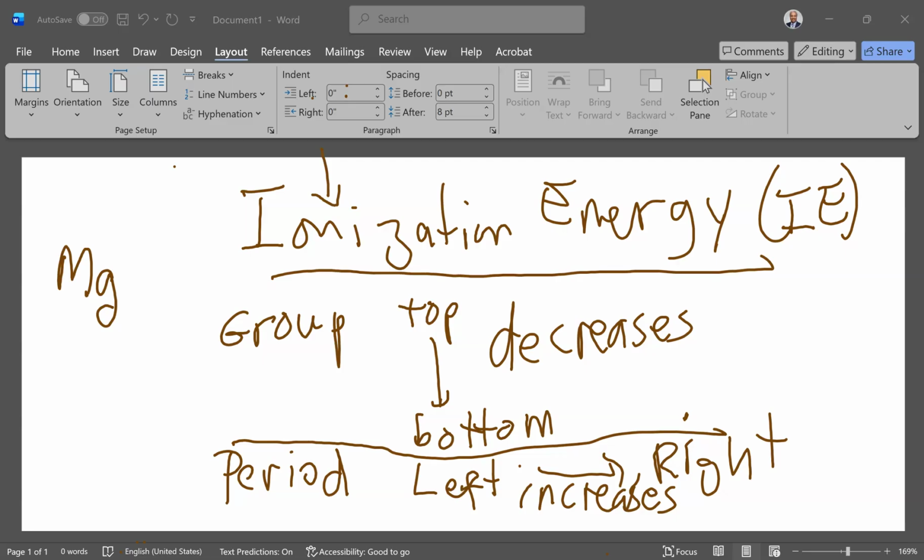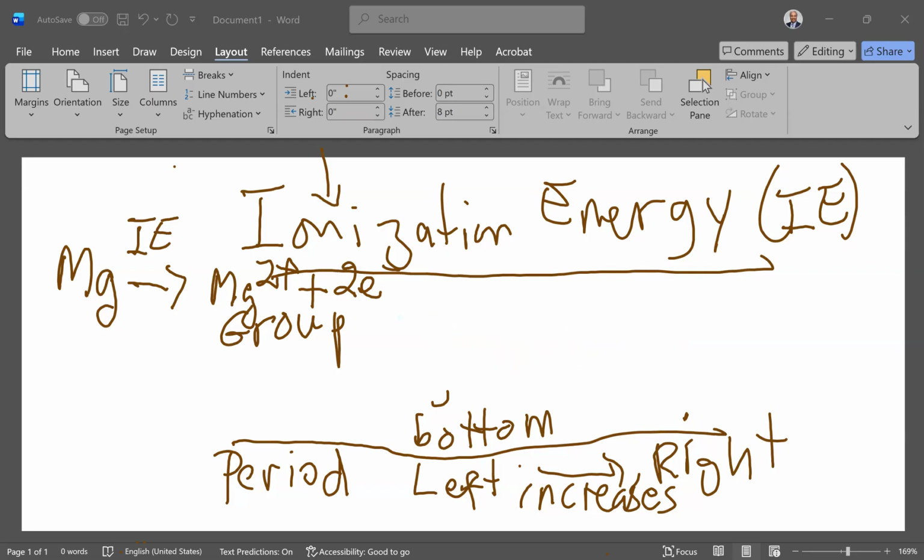So magnesium can be ionized if you put enough IE in, and you'll see magnesium becomes Mg 2 plus, losing 2 electrons. Okay, guys?